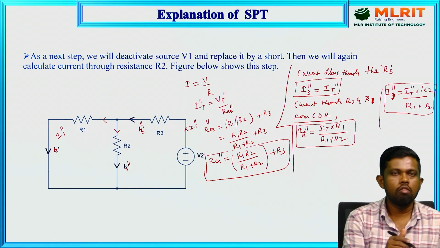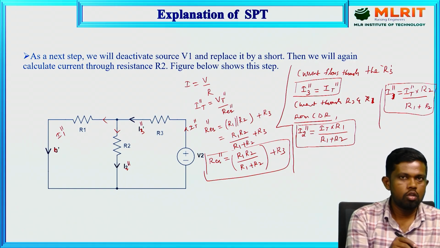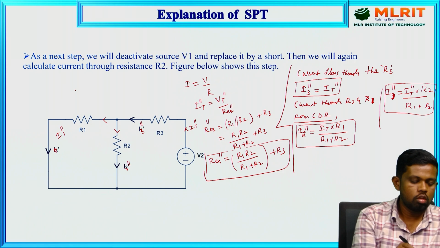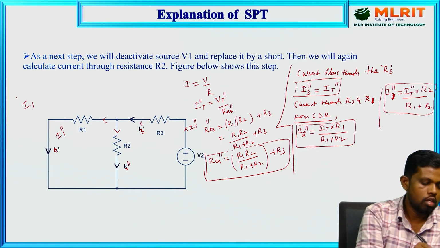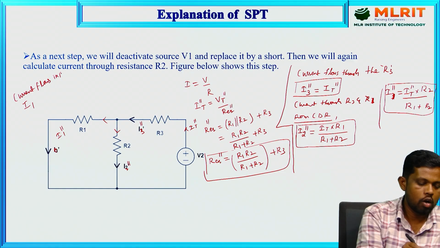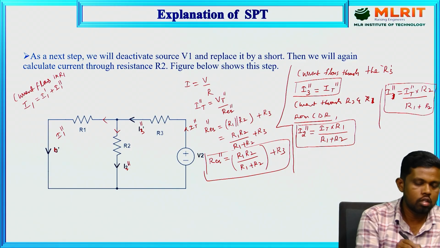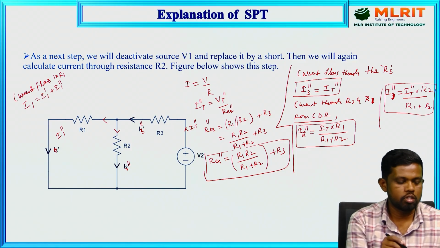After this, we need to add the response of each and every source. Consider the current through the first element, R1, which we have named I1. The current flowing in R1, I1, equals I1 dash plus I1 double dash, a combination of the two responses.